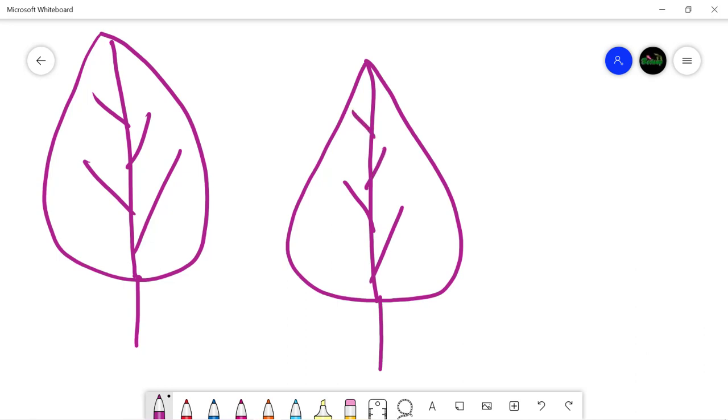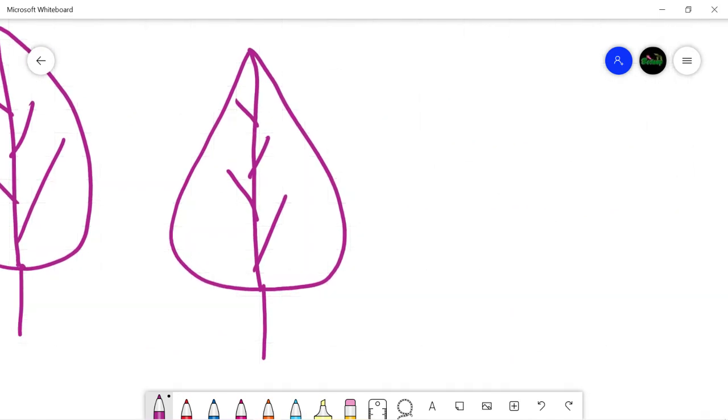So as you can see here, we have somewhat rounded base, but here as you can see the base is somewhat flat, but still it is an ovate leaf. Now the tip can be a little more pointed or even more pointed, so something like this.